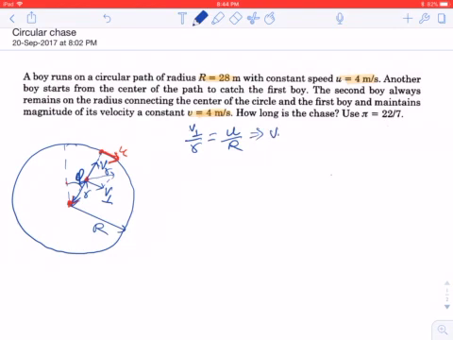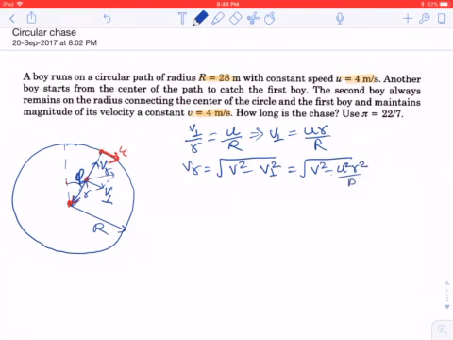Okay, so now v perpendicular would be, vr, since it is a component of v, it can be written as, so that would be, okay.